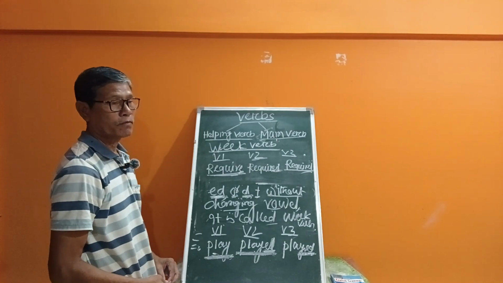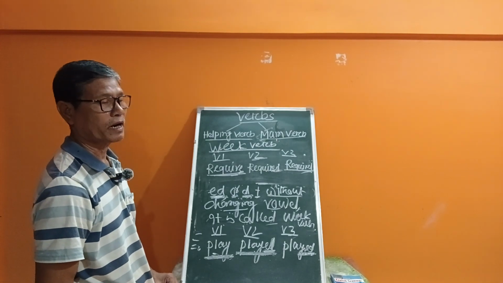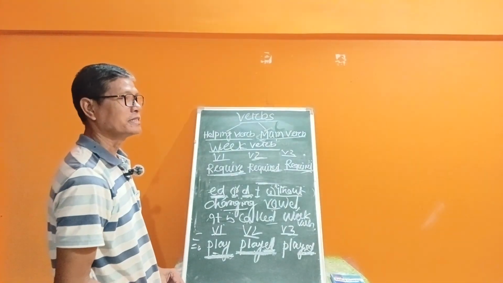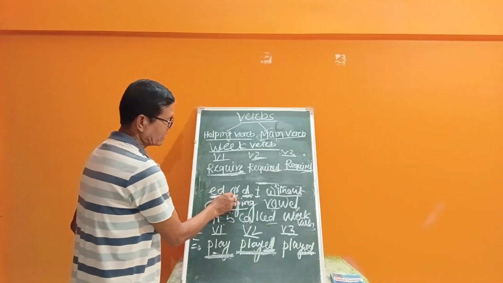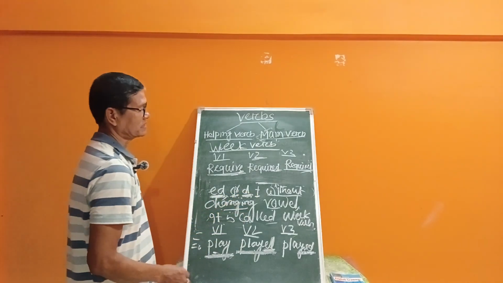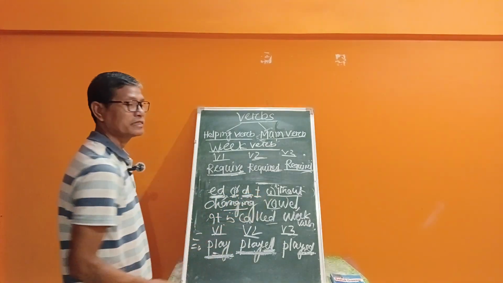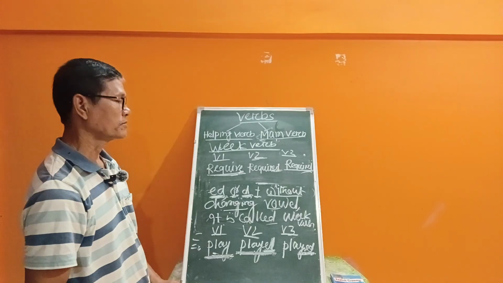If the verb forms its past tense or past participle by adding ed or d or t, it is called weak verb.